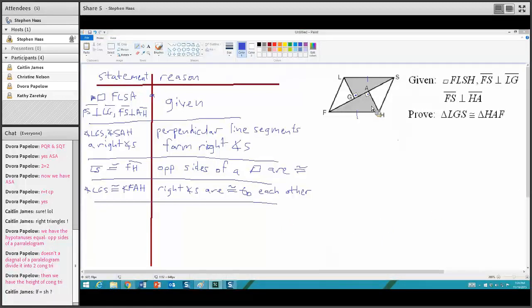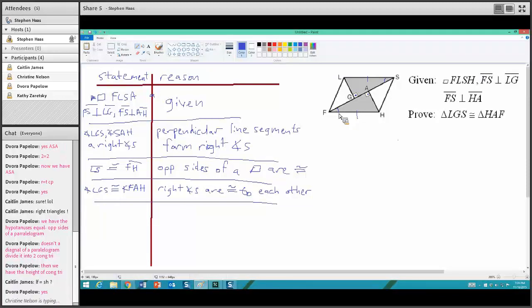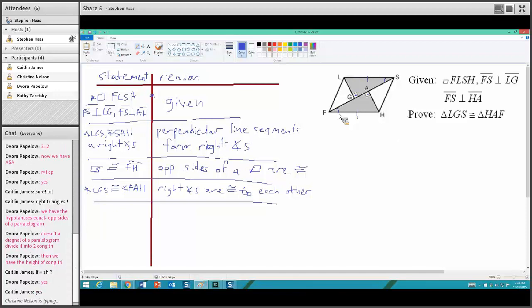Right. Okay. How about this angle and this angle? What are those? First of all, do we know that SL and FH are parallel to each other? They are, right? Because they're opposite sides of a parallelogram.